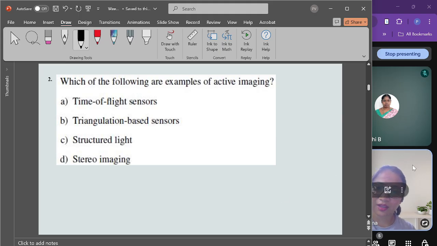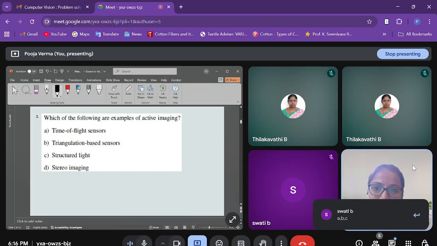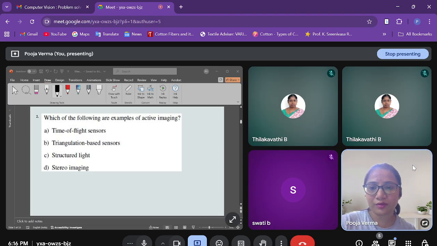So already I think you have gone through this. Which option can be correct? Okay, so A, B, C. Time of flight sensors, triangulation, and structured light: these are the examples of active imaging.